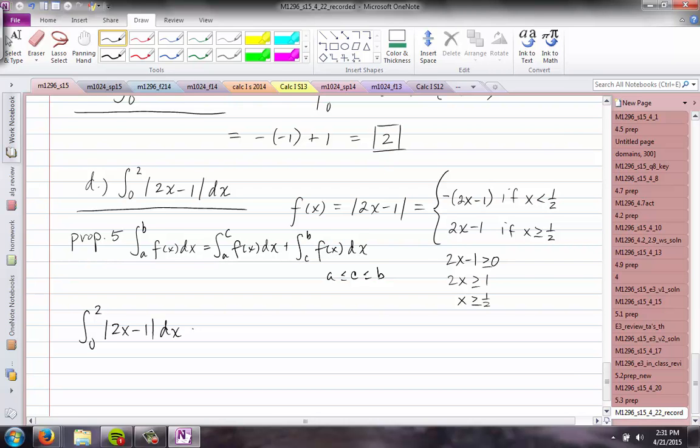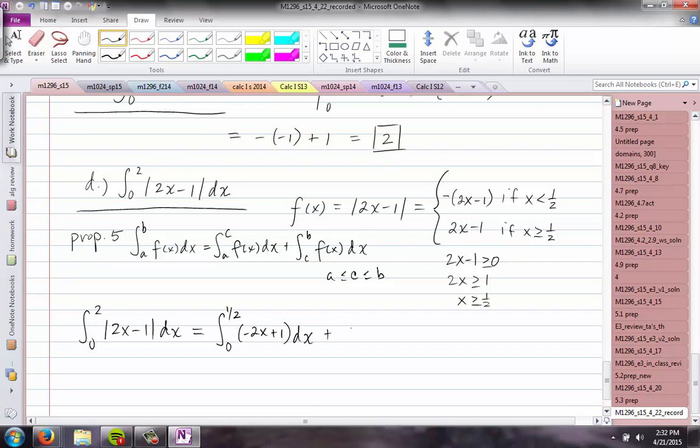Now we can go ahead and use property 5 to take the integral of the absolute value of 2x minus 1 from 0 to 2. I break it up where the function is defined with these different pieces. The first interval is going to be from 0 to 1/2, because that's characterized by the function where I distribute the negative, negative 2x plus 1.